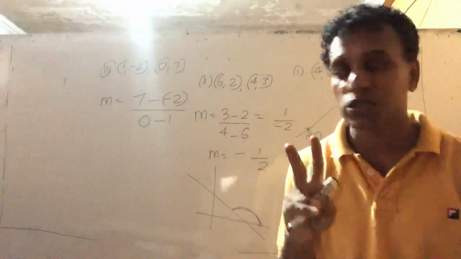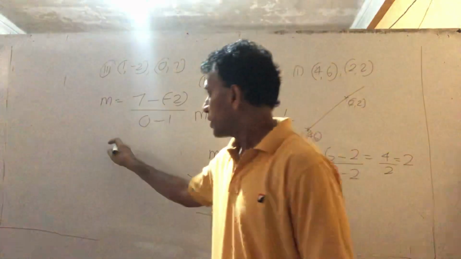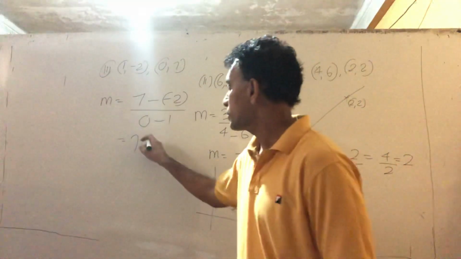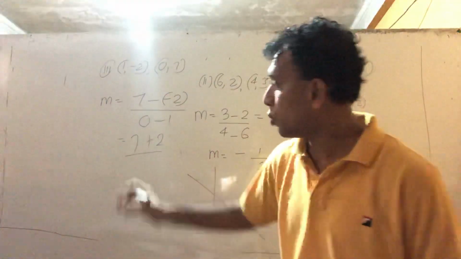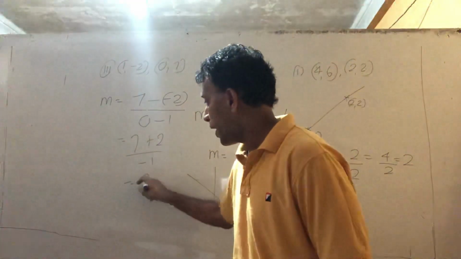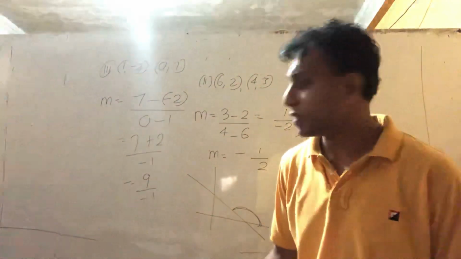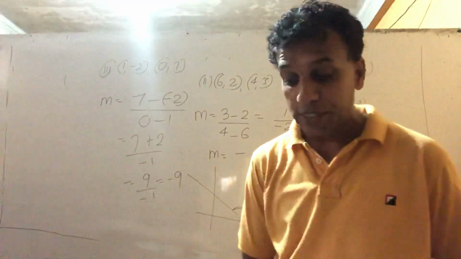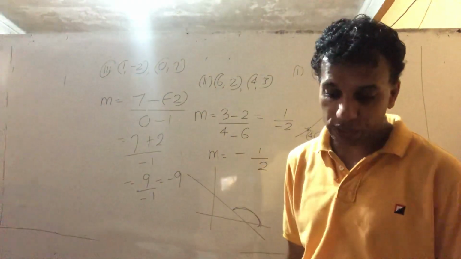That is a 2 marks question in paper 1 type problems, right? So what is that? 7 minus minus 2 is plus 2. What is 0 minus 1? 0 means nothing, so minus 1. Therefore 9 over minus 1, that is minus 9. That is also a negative gradient graph. It makes an obtuse angle with the positive direction of x.